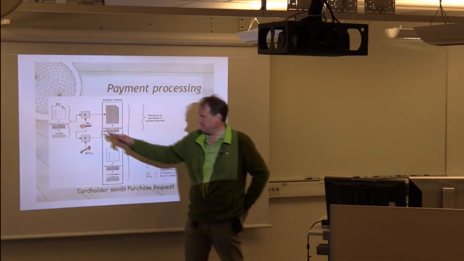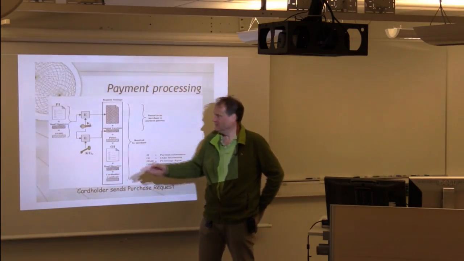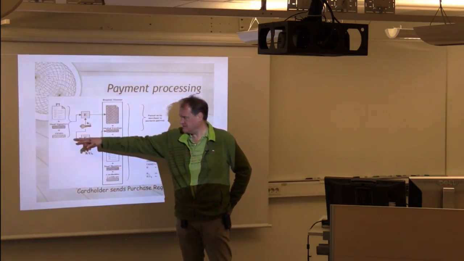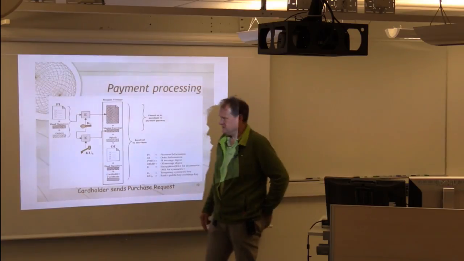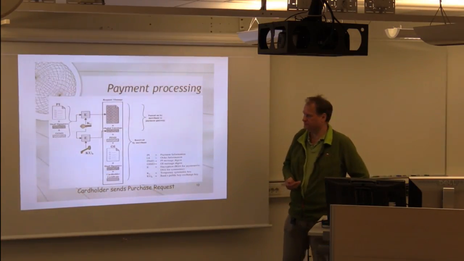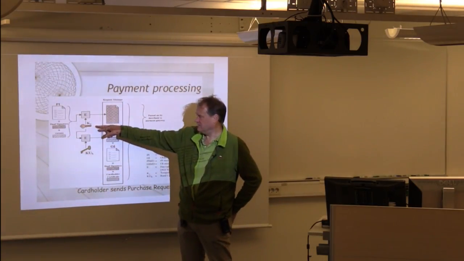We take the payment information, again, our credit card information, plus the dual signature that we created on the previous slide, plus the order information digest, so the hash of the order. And then we encrypt that with a session key.